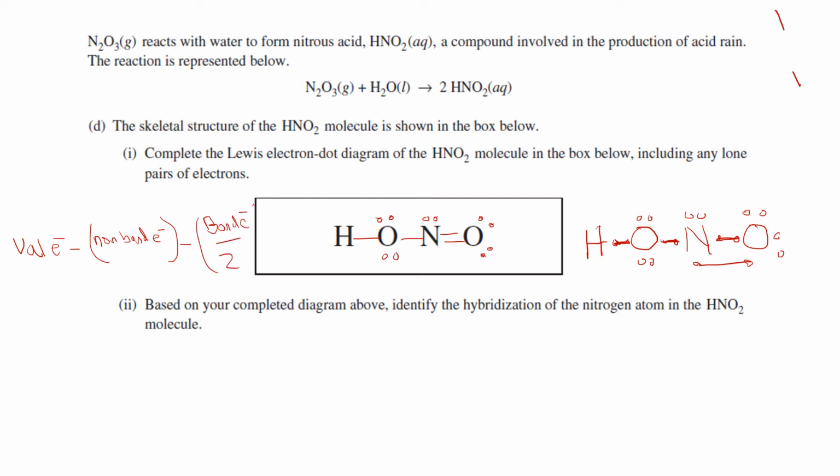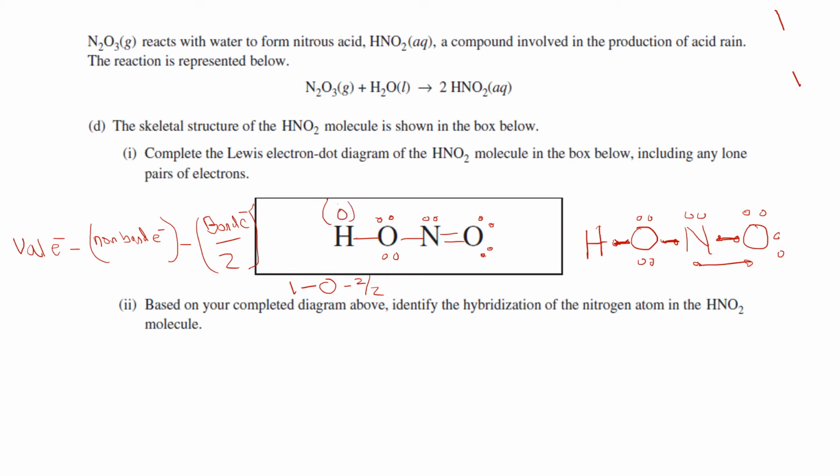So for hydrogen, it's got 1 valence electron. Non-bonded, there's nothing. Our bonded electrons, there's 1, 2. You're going to count both of them, divided by 2. So that gives me a formal charge of 0.